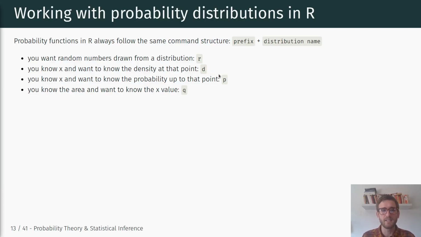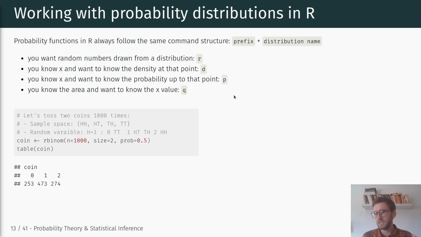If you know x and you want to know the probability up to that point, so that's the cumulative distribution function, the prefix is p. And if you know the area and you want to know the x value up to which you have to integrate to get to that probability, you use q. So that's the reverse of the previous one.